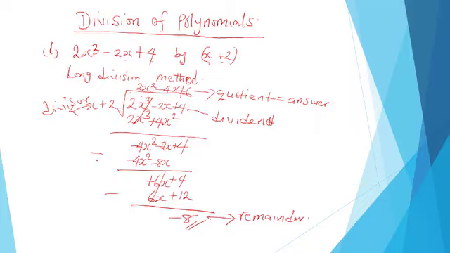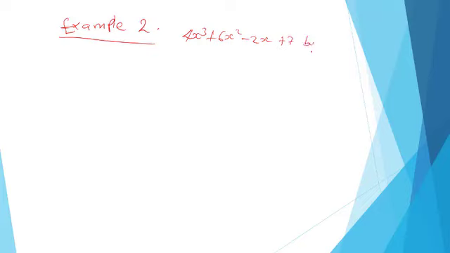For proper clarification, I would like us to go into another question. Let's tag this example 2. If you want to divide 4x cubed plus 6x squared minus 2x plus 7 by 2x minus 3, you apply the same technique we used in the previous example.